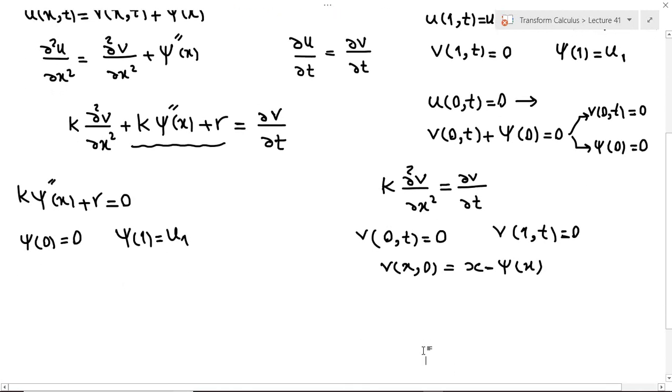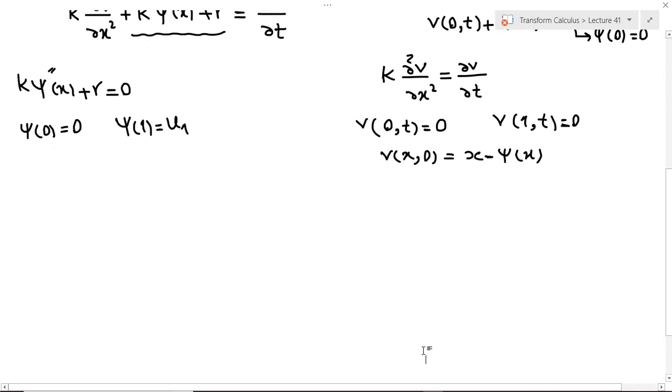We have this ordinary differential equation, so let's solve it to find psi x. So k psi double prime plus r is equal to 0. As a result, psi double prime x is equal to minus r divided by k.